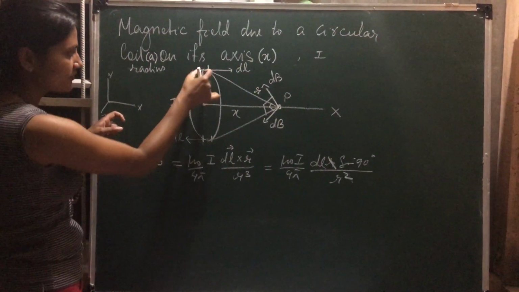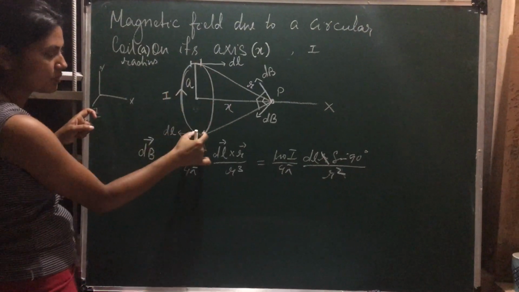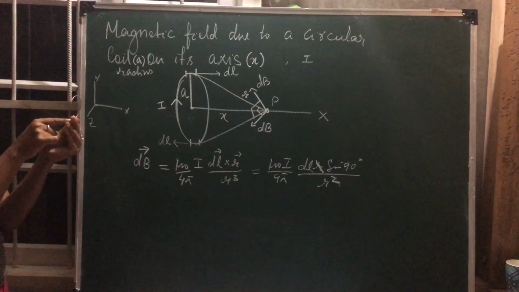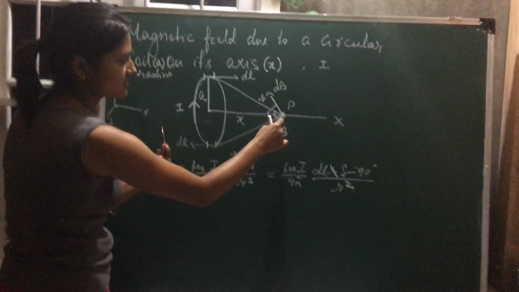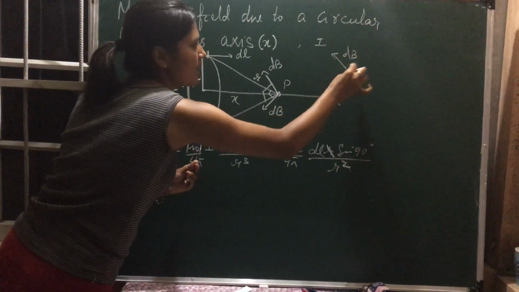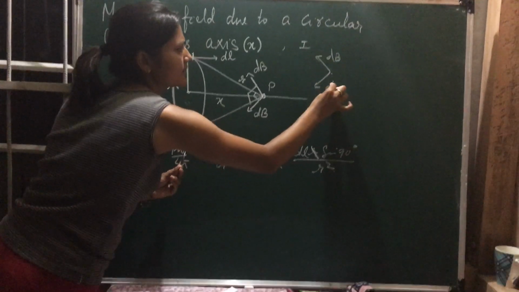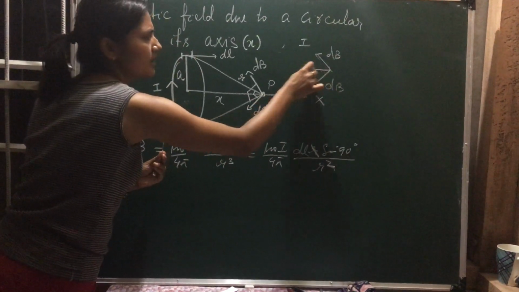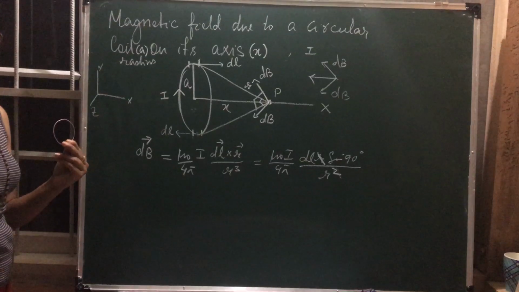I have chosen this diametrically opposite. Means if I have chosen this, I have chosen this also, right? Then from both, I have seen that one magnetic field is like this db, another magnetic field is like this db. That means the resultant field should be like this. Yes or no?